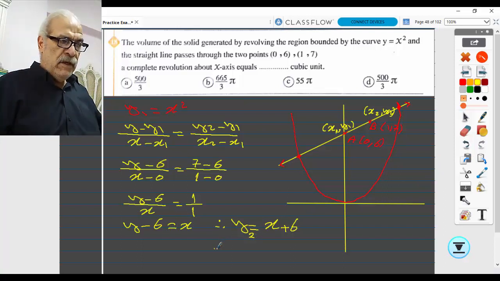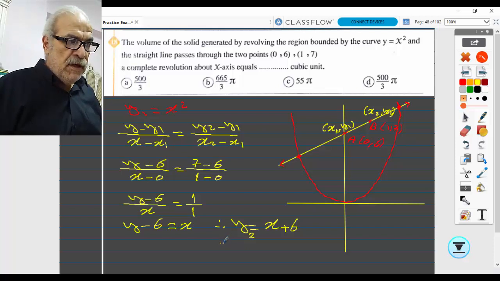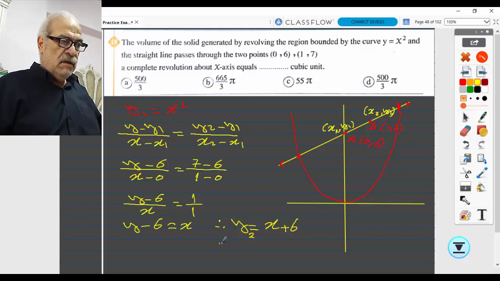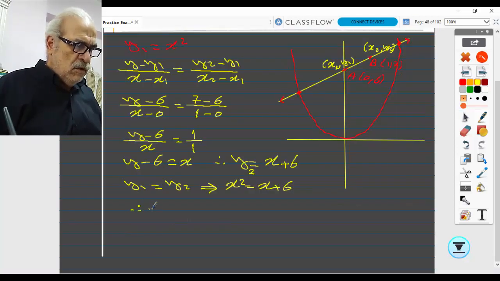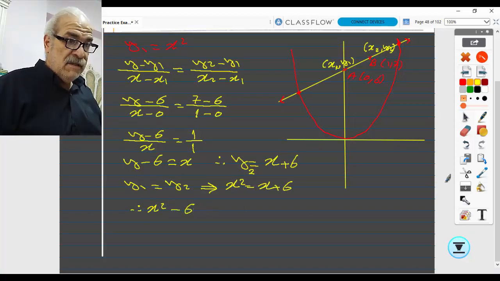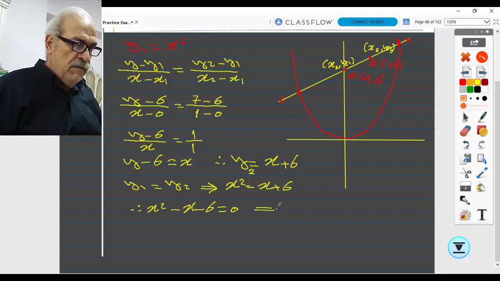Okay, don't forget, we want to find the points of intersection. So put y1 equals y2. It means x square equals x plus 6. So x square minus x minus 6 equals 0, and we factorize it.